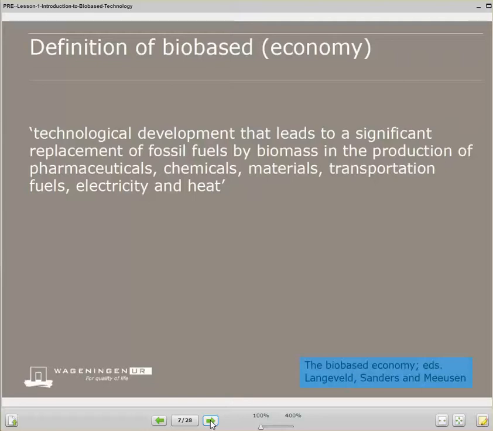So any biomass, and at this time people are focusing on waste streams, biomass waste streams that can be used to make pharmaceuticals, chemicals, fuels, electricity, which will replace a fossil fuel.